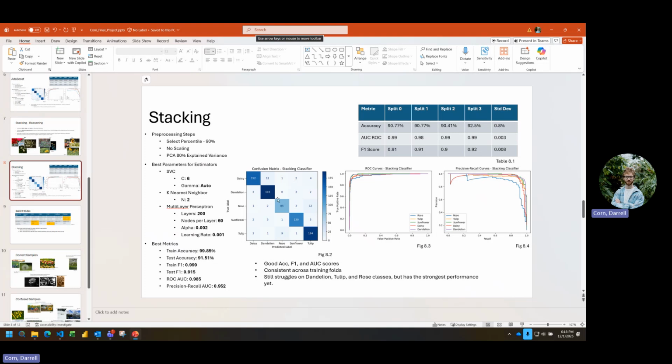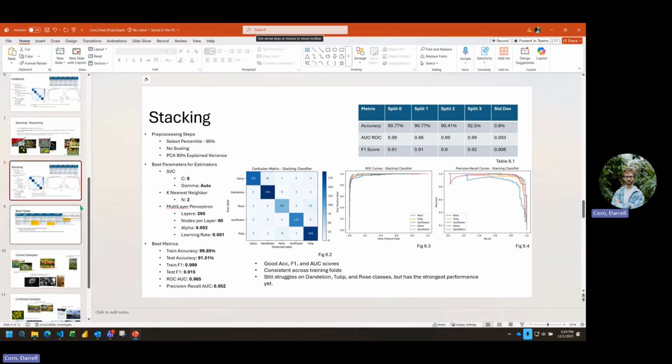We see that in figure 8.2 here in the confusion matrix, but it is performing better than any other individual classifier that we mentioned. We're still seeing it struggle on the rose class and a little bit on the daisy class at certain points, but that's something that's intrinsic to the data set, and it's still our strongest classifier that we have yet trained.